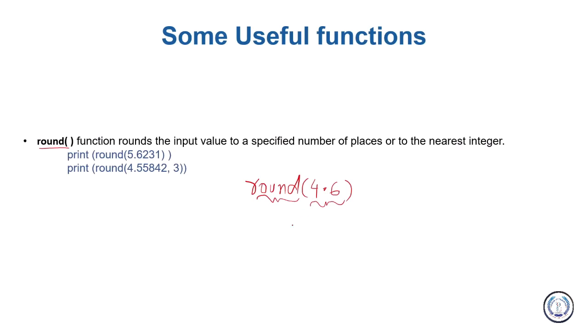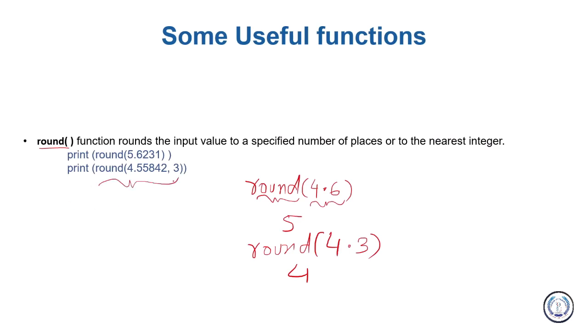And the nearest integer in this case is 5, because 5 is closer to 4.6 than 4. However, if you call round on 4.3, then the result will be 4, because 4 is closer to 4.3 than 5. So that's one use of round. It basically rounds a floating point number to the nearest integer.